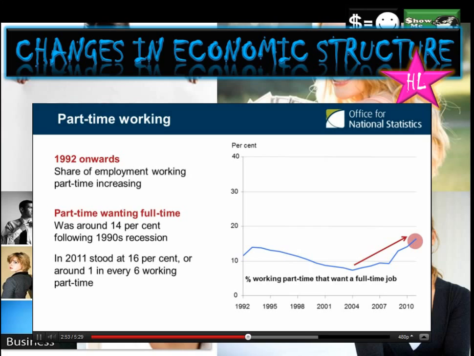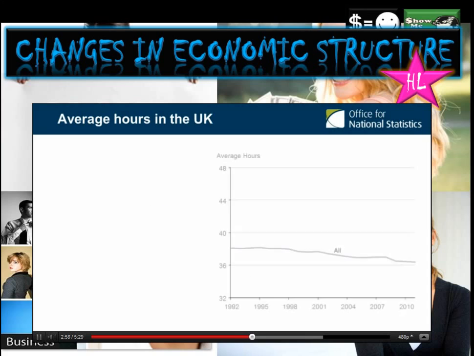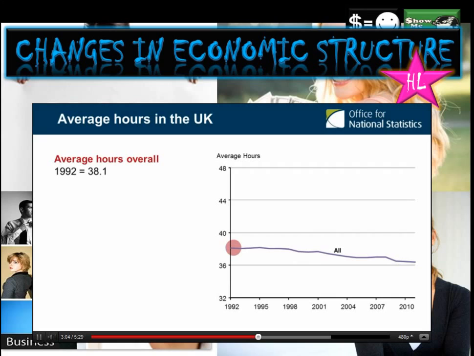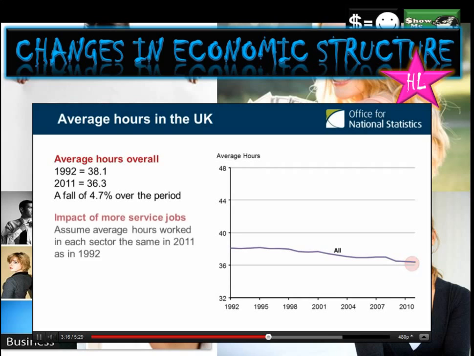To consider this, here is the graph showing the fall in average hours in the UK, where the average working week was 38.1 hours in 1992 and 36.3 hours in 2011. This represents a fall of around 4.7%. To work out the effect of more service jobs and less manufacturing, if we assume that average hours worked in each sector was the same in 2011 as it was in 1992, then overall, the working week in 2011 would have been 37.5 hours, a fall of just 1.7%.